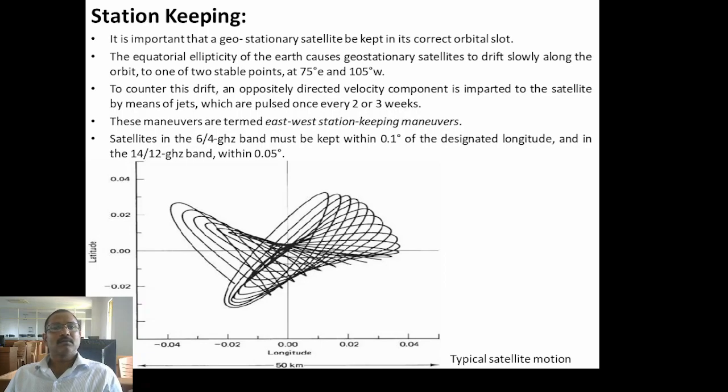And in station keeping, the people in the stations use the jets in the satellite to move it back, to put the satellite in the correct orbital slot.